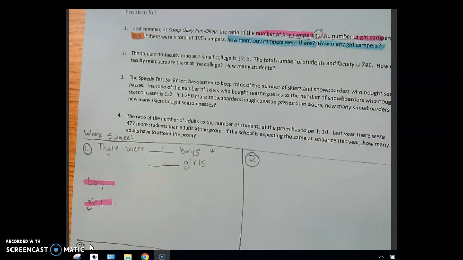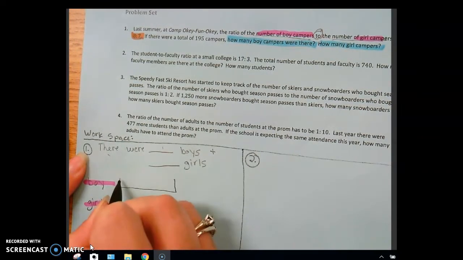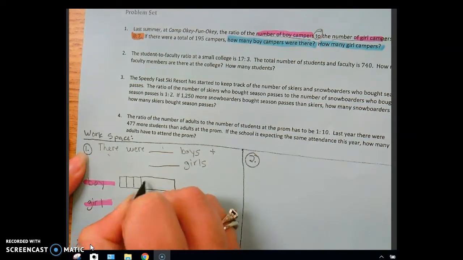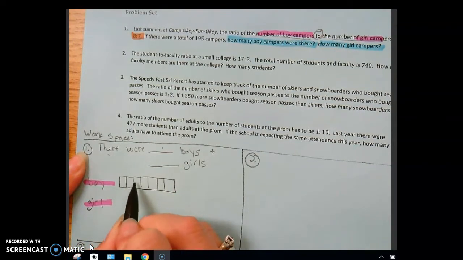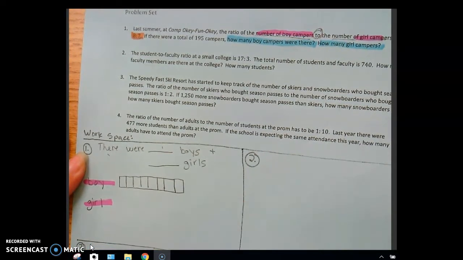And that's this 8-7. So that tells me that I need to make 8 boxes for the boys that are all the same size, because no matter how many boys I have, I know there's 8 equal groups. So I just kind of start with an amount and try to keep them about the same. 1, 2, 3, 4, 5, 6, 7. And then I just add 1 on because I made it a little small. Okay.